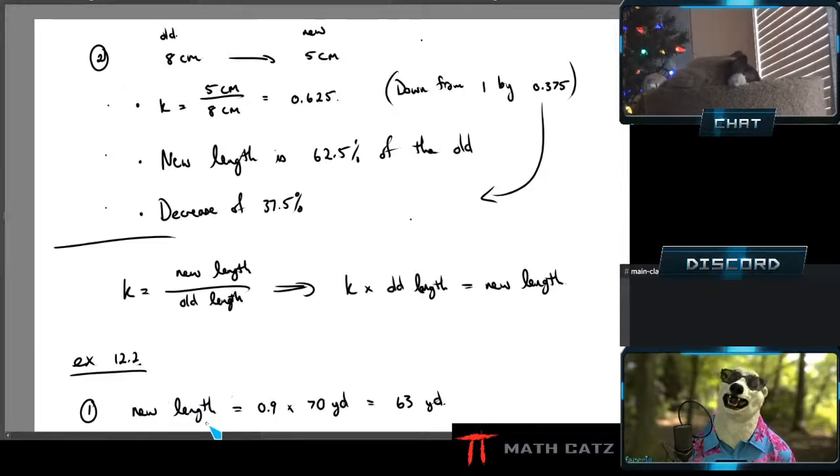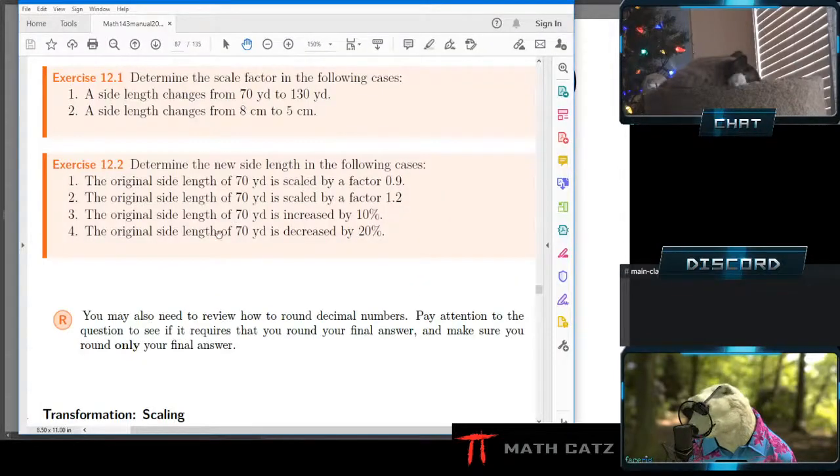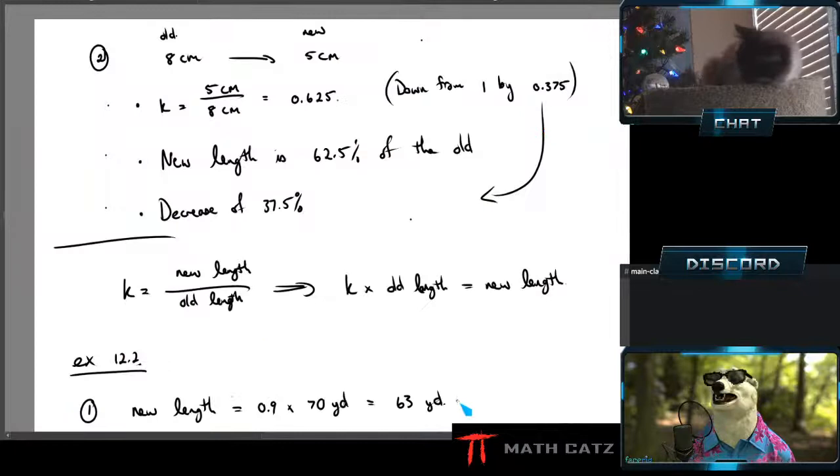The new side length is the scale factor that they give me directly, applied to the original 70 yards. Now 7 times 9 is 63, incorporating the decimal and the multiple of 10 there, so I get 63. So it's pretty straightforward if they give it to me in that straightforward of a way.